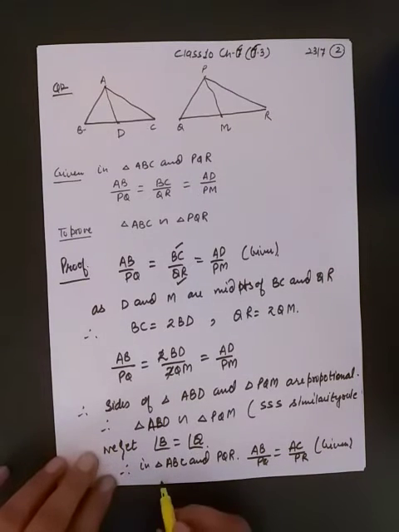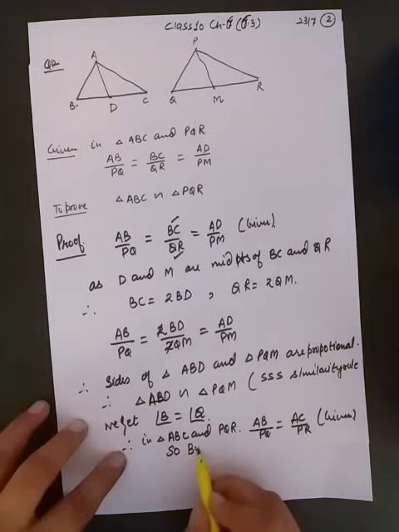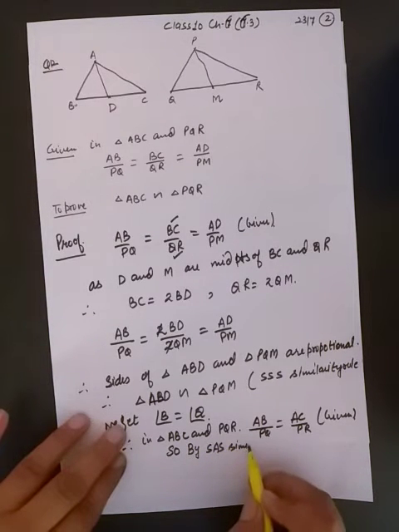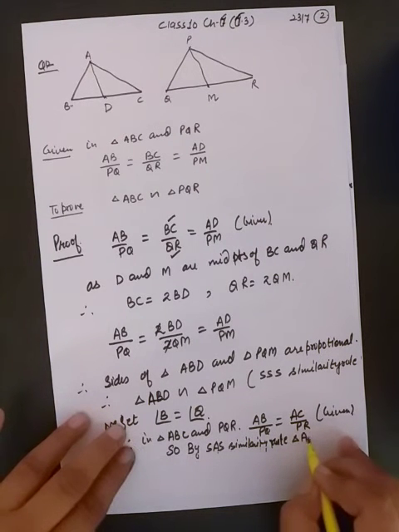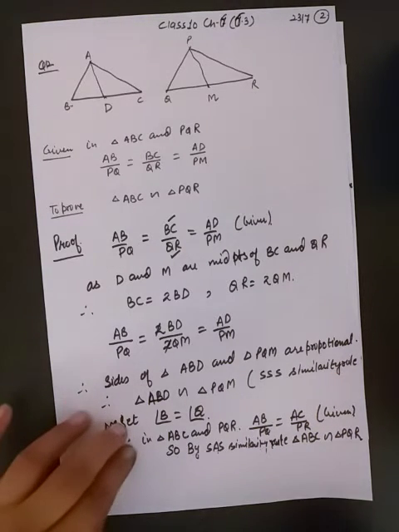So you can say, by SAS similarity rule, triangle ABC is similar to triangle PQR. Hence proved.